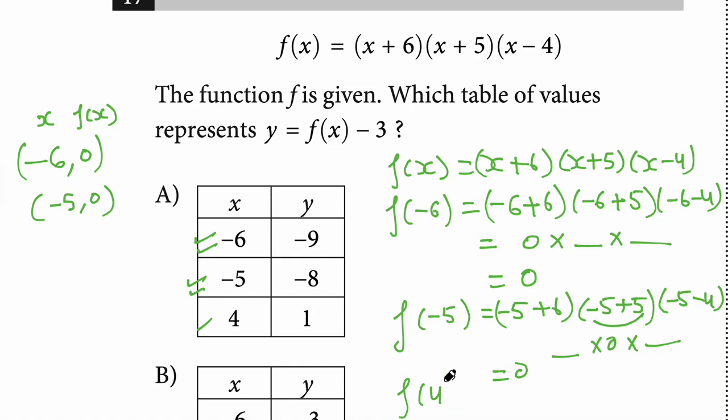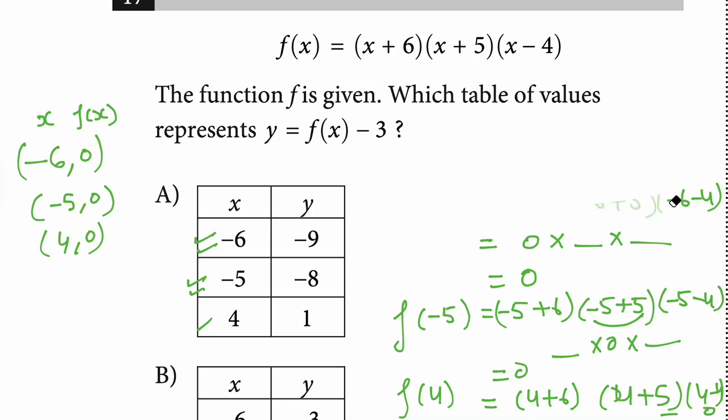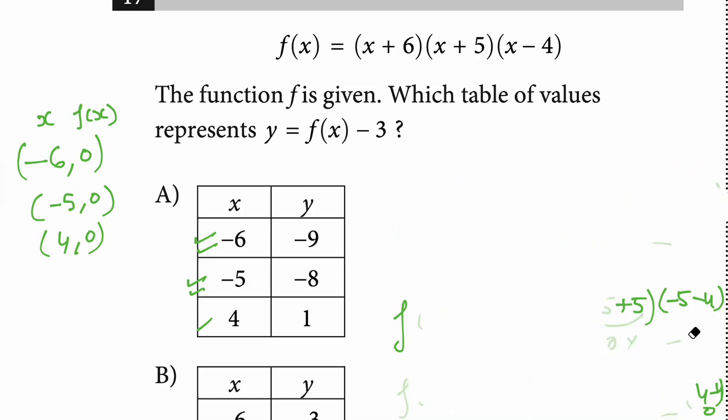And f of 4, again if you plug in 4 plus 6, 4 plus 5 and 4 minus 4. So this is 0. So that means f of 4 is also 0. This is one way of thinking. I'm just giving the inputs according to the question. So all of them are 0.